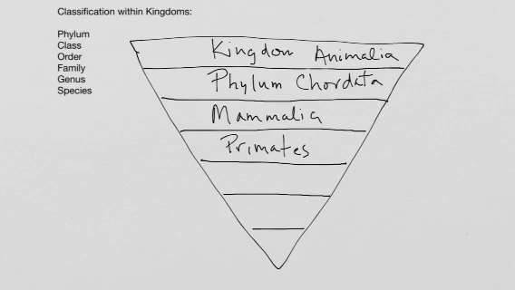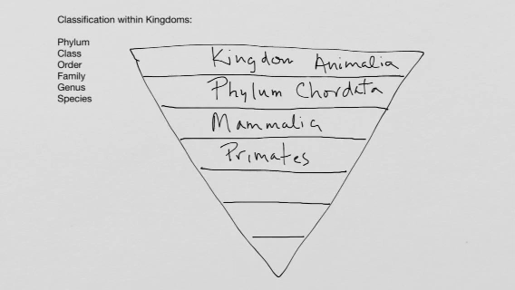Within Primates, we then look at the families. And we belong to family Hominidae. What's interesting here is we start to see organisms that are also very closely related. Within our family, we have everything from gorillas to chimpanzees to humans.